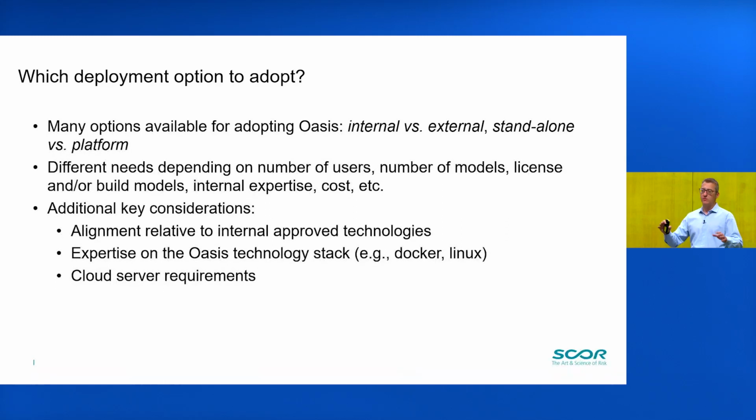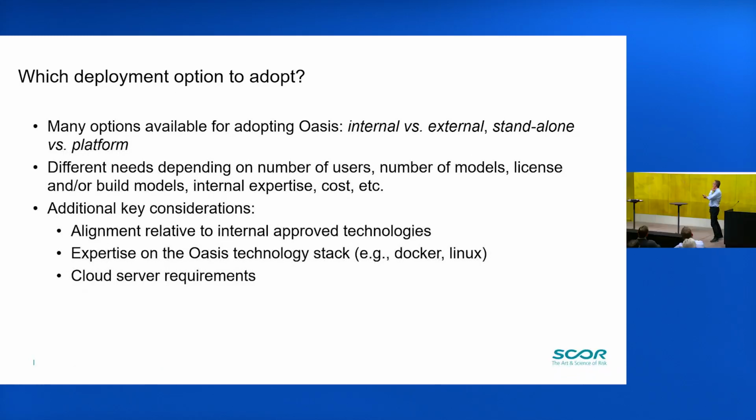The two-factor authentication was not exactly the same as the company's IT department wanted to have. Or the Docker Linux version that was used was not exactly the same and was not certified. This sometimes can be a showstopper, but if you have expertise internally in this Oasis technology stack, it's possible to find alternatives as well. So I think it is important to think about it when you consider adopting Oasis.